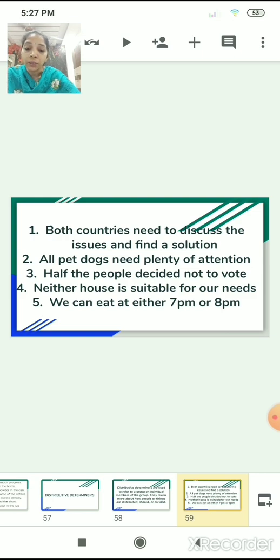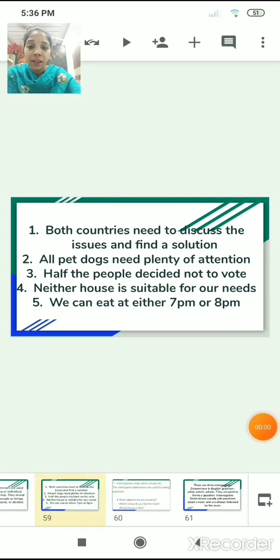All pet dogs need plenty of attention. Half the people decided not to vote. Neither house is suitable for our needs. We can eat at either 7 p.m. or 8 p.m. So students, basically distributive determiners refer to a group of people or individual members of the group.